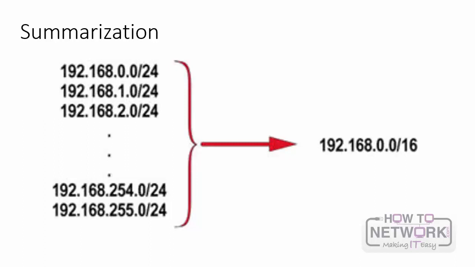But all of these routes do not need to be passed individually throughout the network to a neighbor through a route advertisement. They can be summarized using one summary route, 192.168.0.0/16. So as you can see, using summarization, we're saving a lot of memory and CPU by simply summarizing all of these routes into one single route.